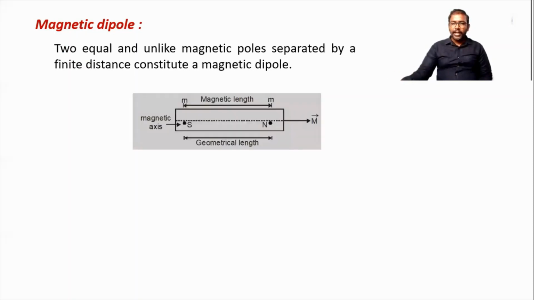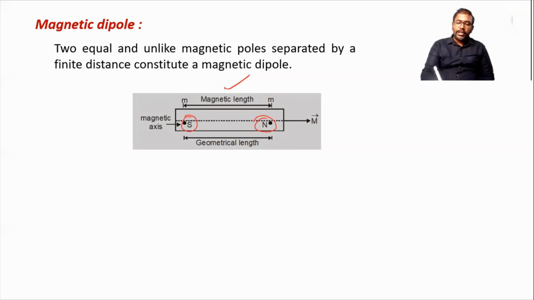So you can see a magnetic dipole in a diagram. This is S pole, this is N pole. Both poles are separated by some finite distance, and that distance is called the magnetic length.